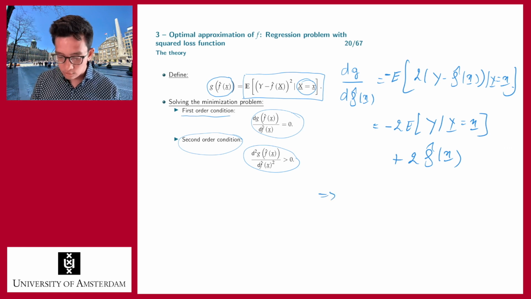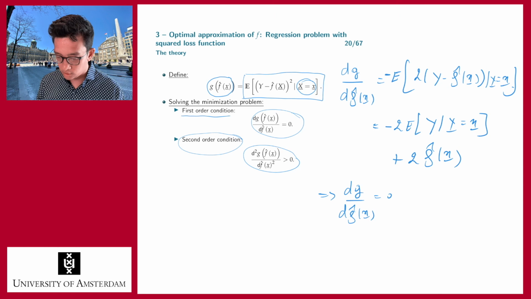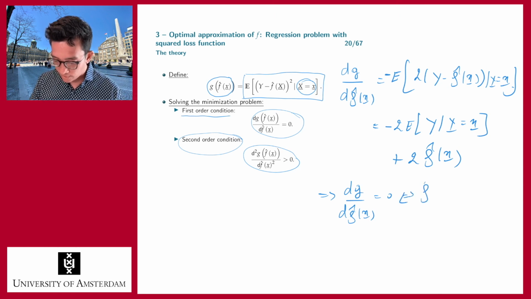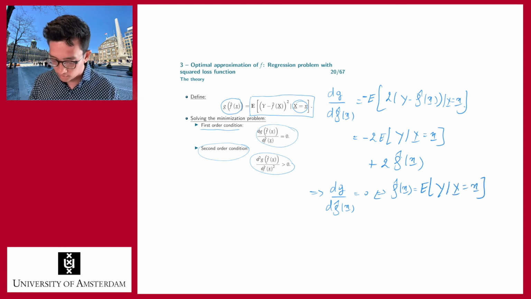And then you see that from the first order condition, you find that dg over d f hat in x is equal to 0 if and only if f hat, my prediction, is equal to the expectation of y given X is equal to the value x.